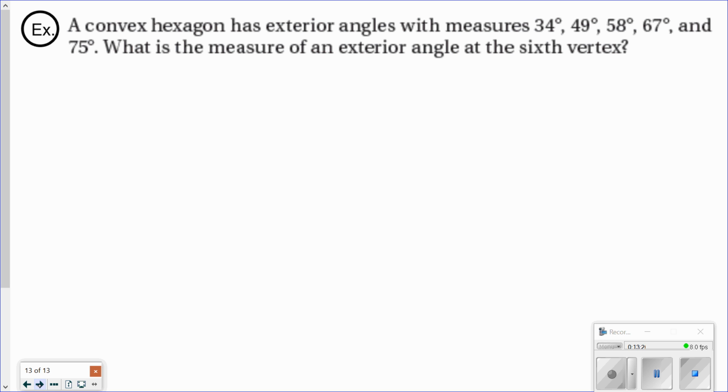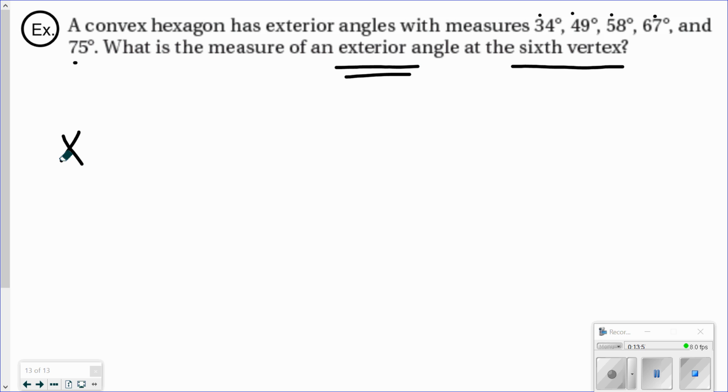And for the last problem here, a convex hexagon has exterior angles with the measures of 34, 49, 58, 67, and 75. What's the measure of an exterior angle for the sixth vertex? All right, so I only have 1, 2, 3, 4, 5 of them. I need to figure out what is the sixth. Well, since we're talking about exterior angles, what will all the exterior angles add up to? 360.